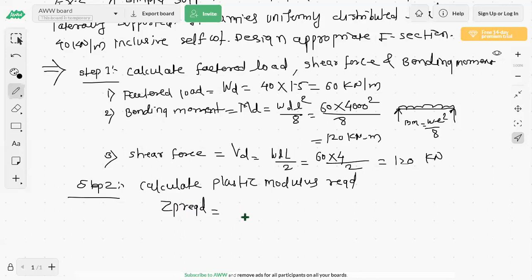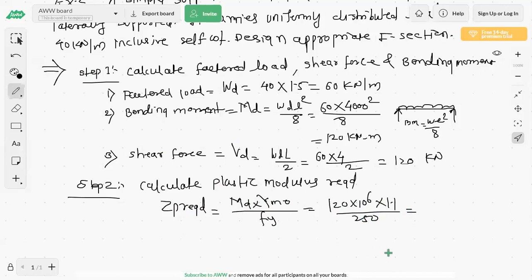So ZP required, how to calculate? ZP required is MD into gamma m naught divided by Fy. So MD is 120 into 10 raised to 6, into gamma m naught which is 1.1, divided by 250.